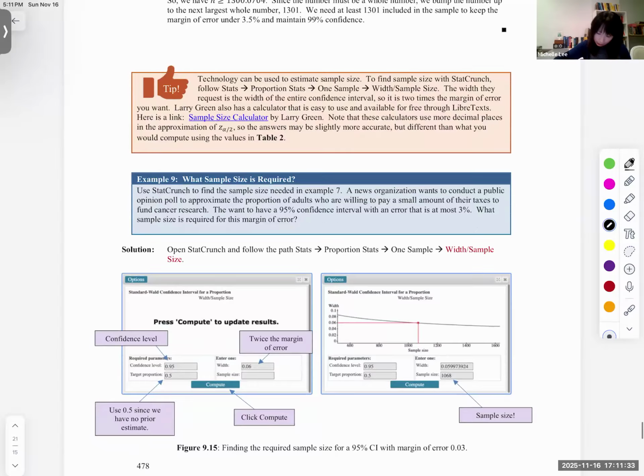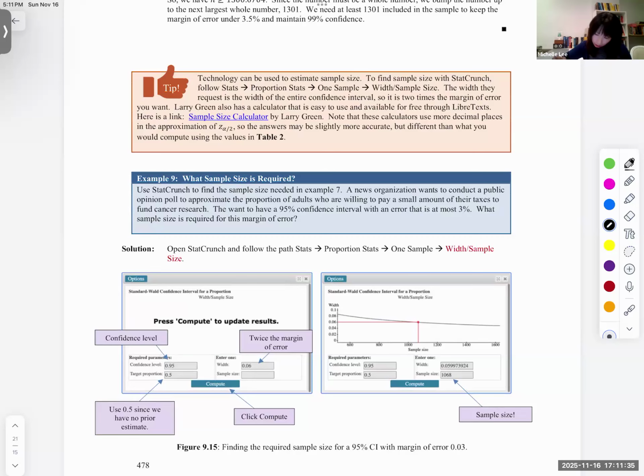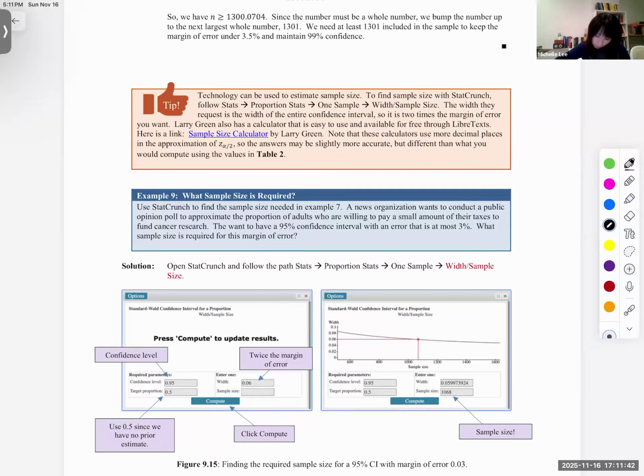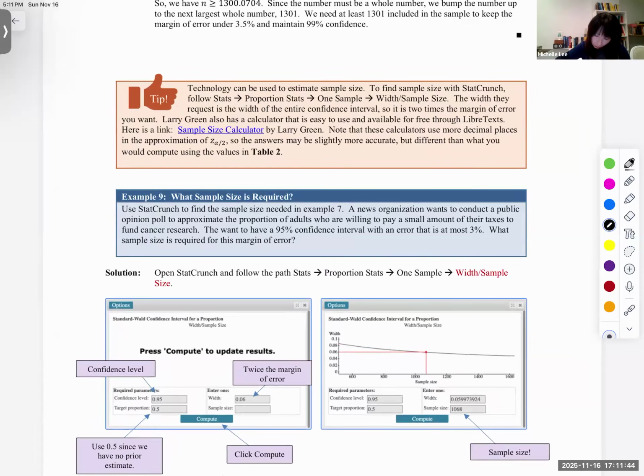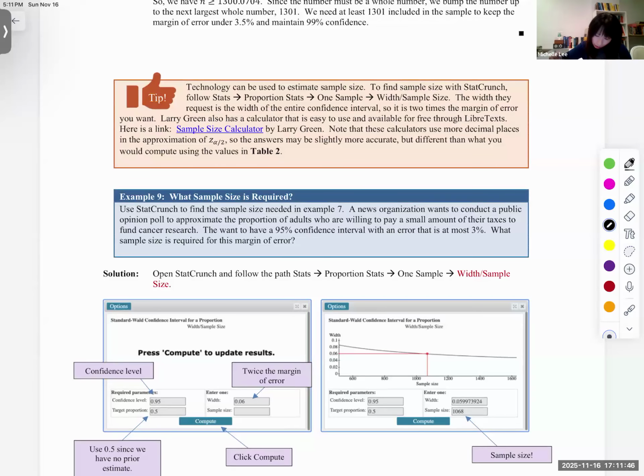This one, right? A 95% confidence interval with a margin of error.